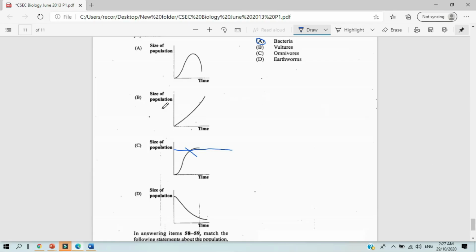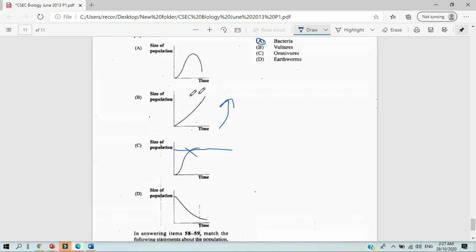The best answer here is going to be B, because it shows what we call an unrealistic growth curve. This unrealistic growth curve is going up and showing no sign of environmental resistance. The truth is, no curve can continue without some form of resistance.